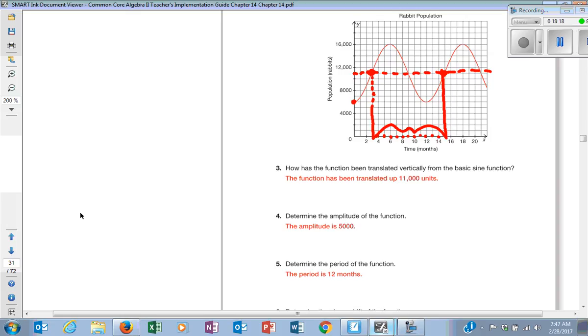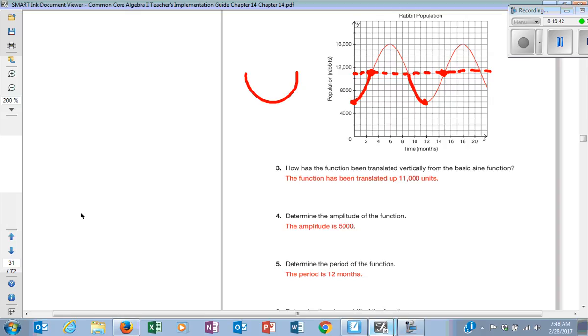Or another way is to realize, hey, if I start here, my time period starts here, then I could end right here, and that would be the same. Do you see how this half right here plus this half right here would make my bottom view?